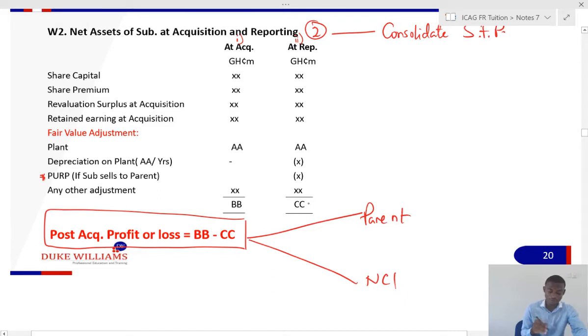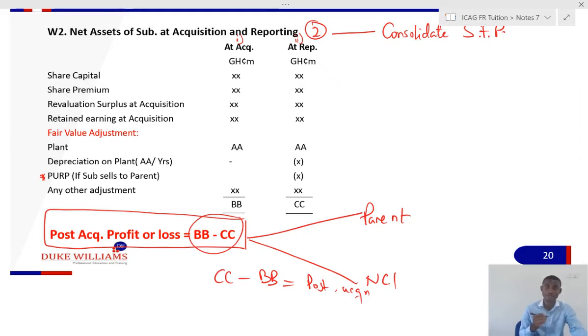So simply, if you have the net asset at reporting, which is CC, and the net asset at acquisition, which is BB, the difference, CC minus BB, will give you the post-acquisition. And the post-acquisition earnings, or reserve, would be what will be shared between the parent and NCI.